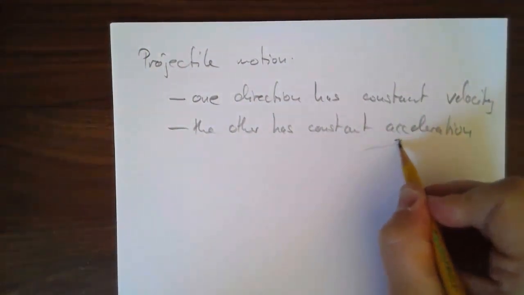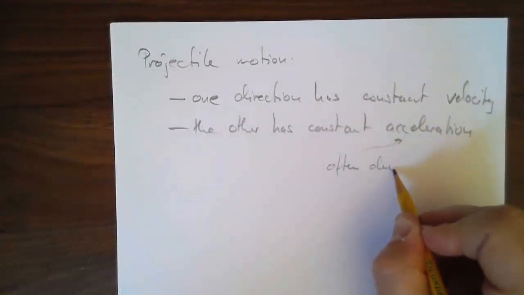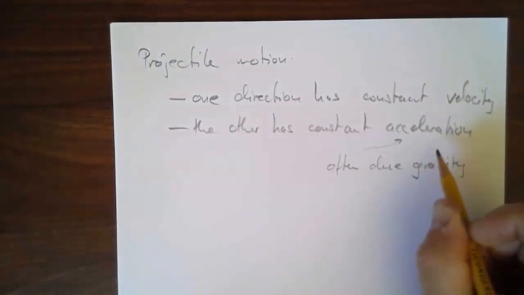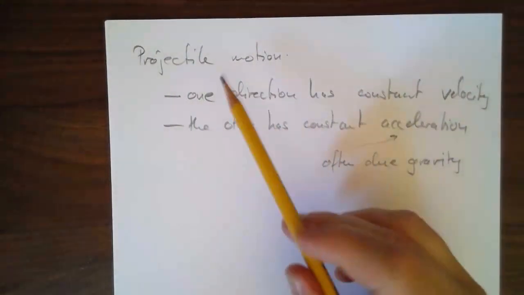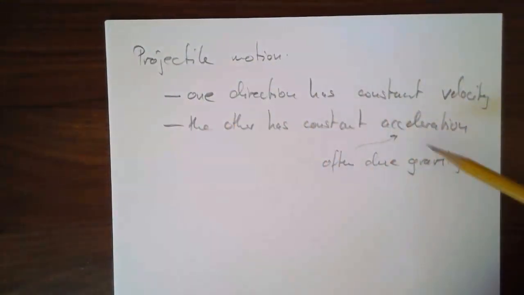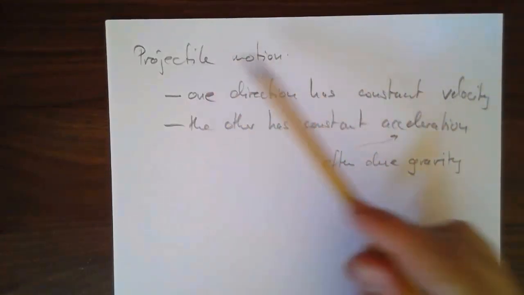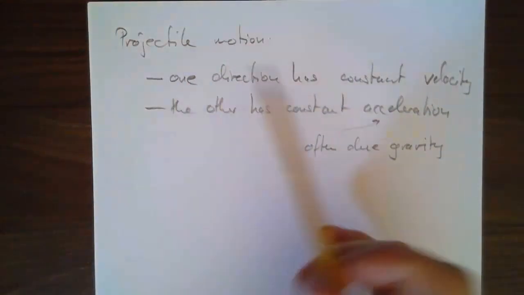And this is often due to gravity, but doesn't have to be. Although I think maybe certainly some textbooks, some authors define projectile motion specifically as being gravity, but I think that's defining it too narrowly. But we're just arguing over words here, right?